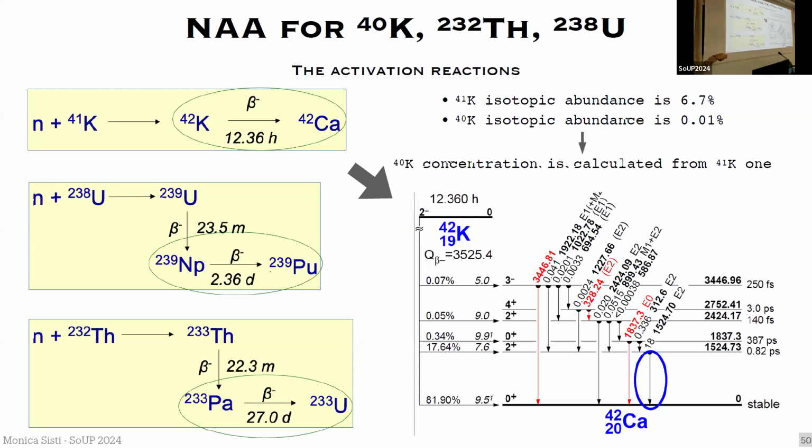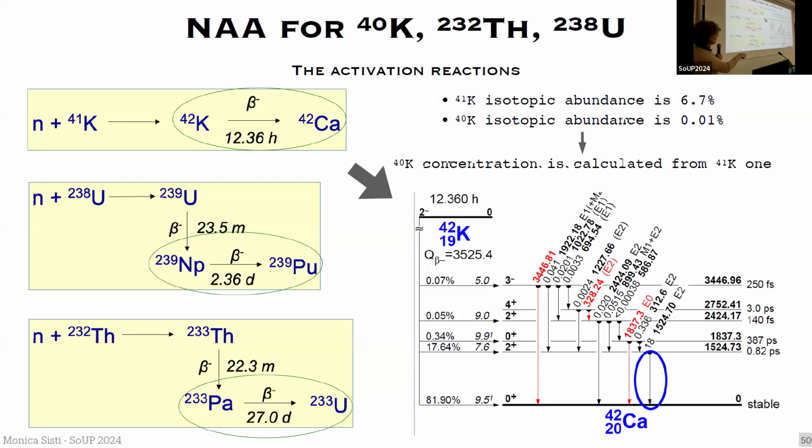So you have all the decay levels here and the branching ratio. You check what is the most convenient energy. In this case, the branching ratio is 18%. And that's the branching ratio of that gamma, not of the level?